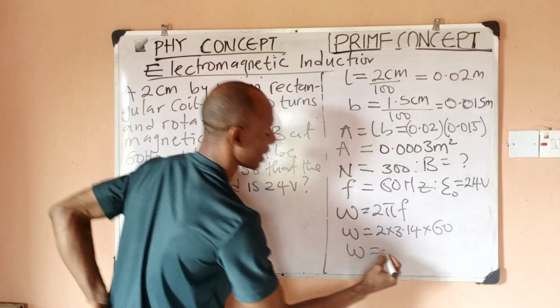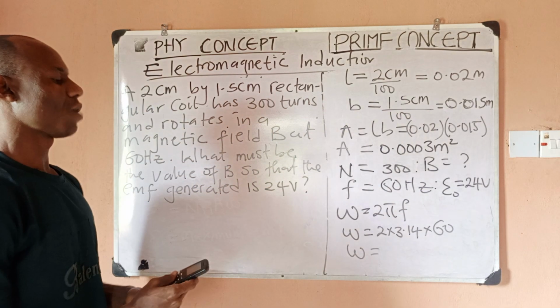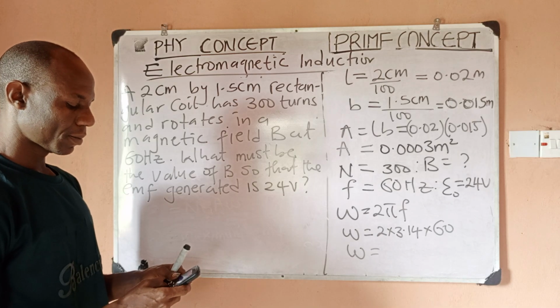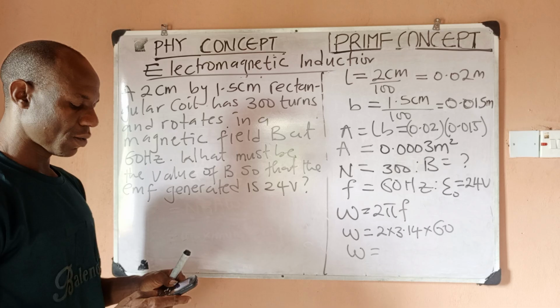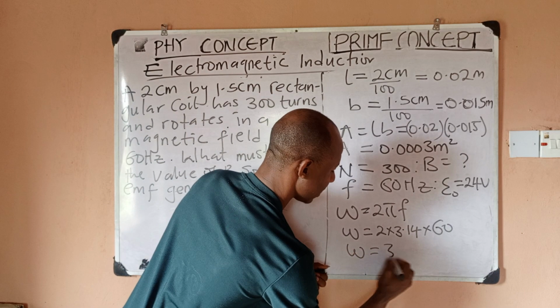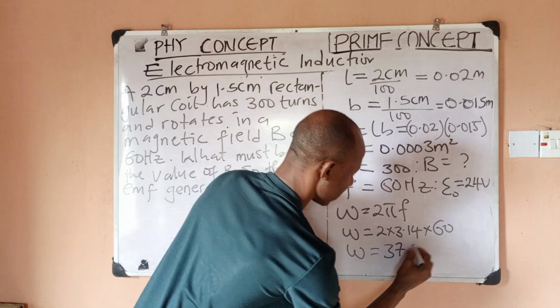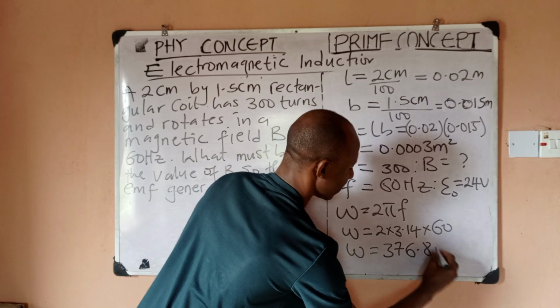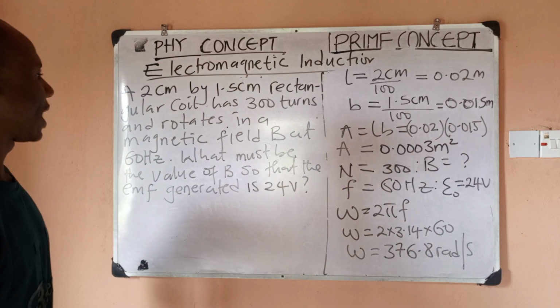Multiplying 120 by 3.14 gives me 376.8 radians per second. So that is our speed.